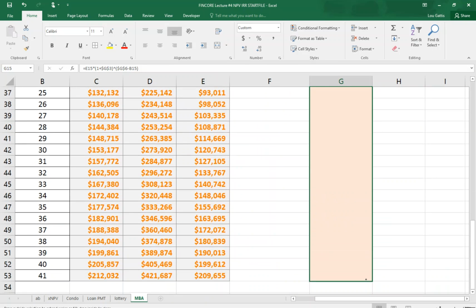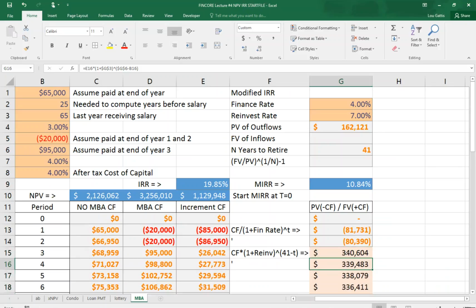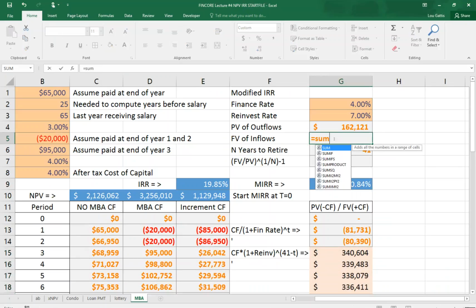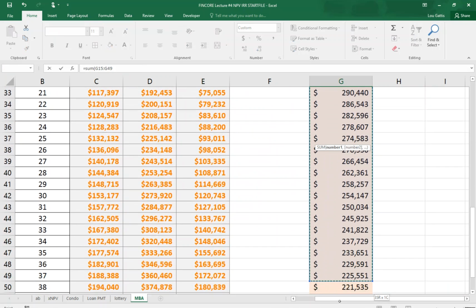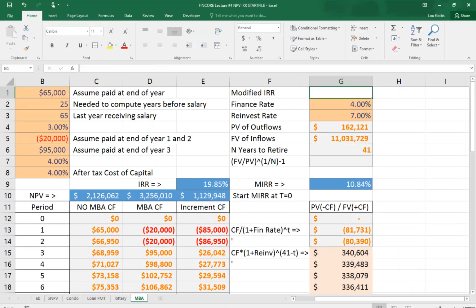If I copy this down, these are the future values, the value of each cash flow when I'm 65. If I sum that up, sum all the positive cash flows at age 65, there's the future value of all my positive cash flows in 41 years.